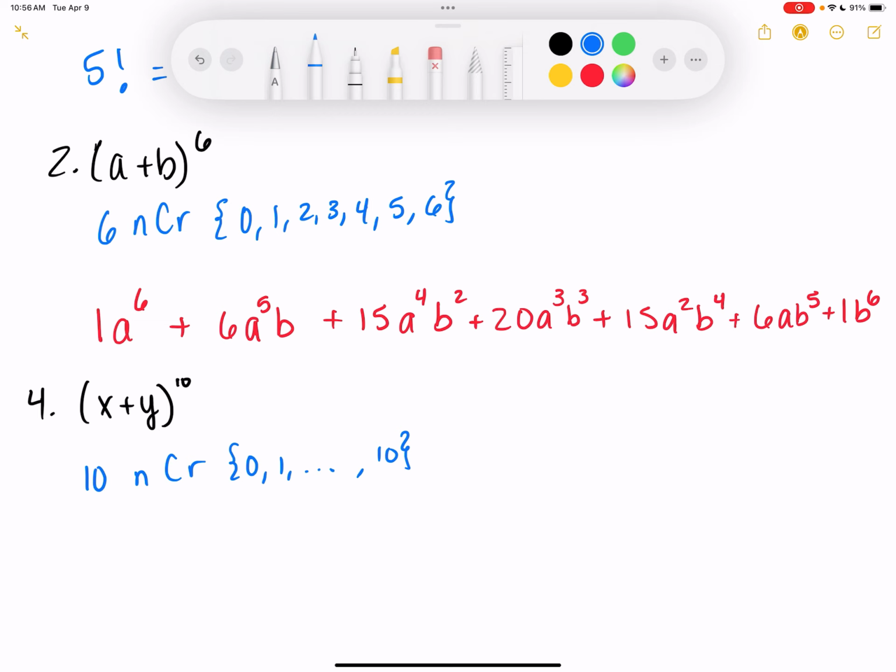So you can actually just bring it back up.